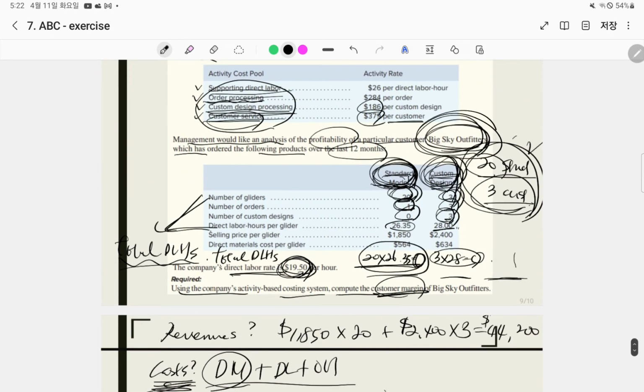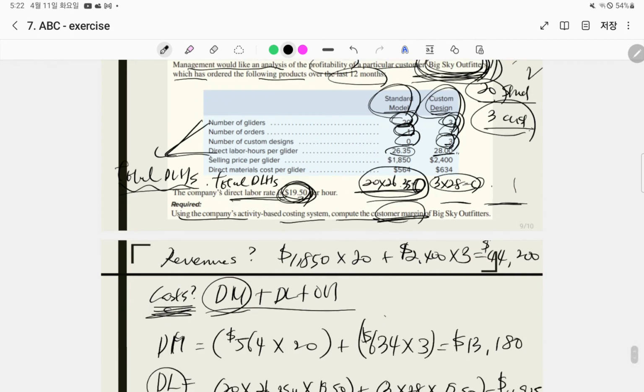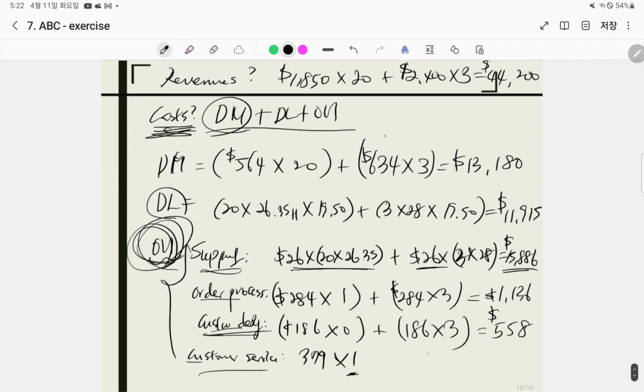Because there is only 1 customer, Big Sky Outfitter. So there are 2 types of products, standard model and custom design, ordered by Big Sky Outfitters, but there is only 1 customer who ordered these 2 types of products. So there is only 1 customer here, so $379.